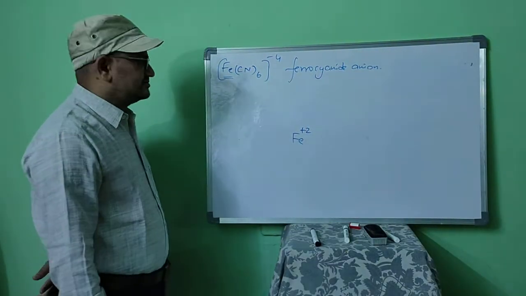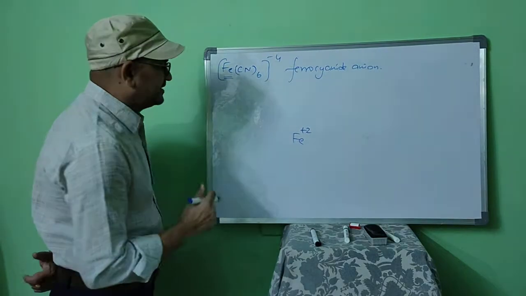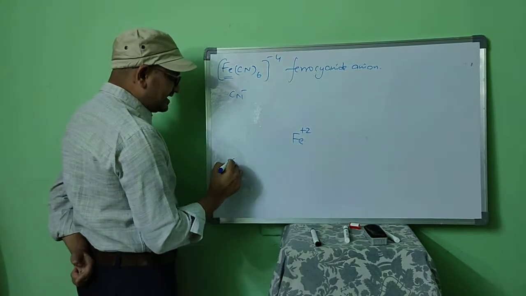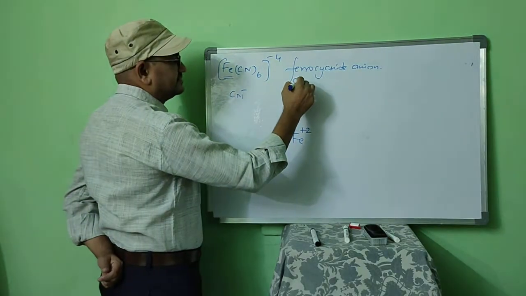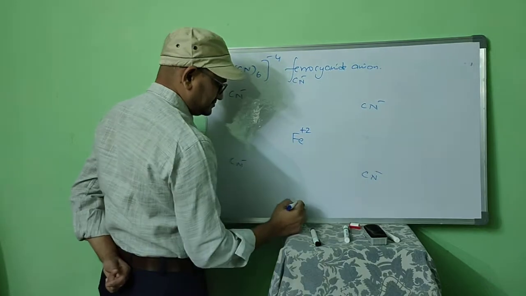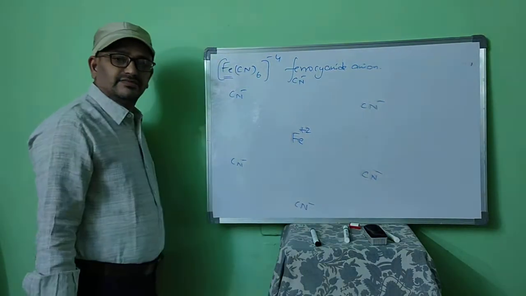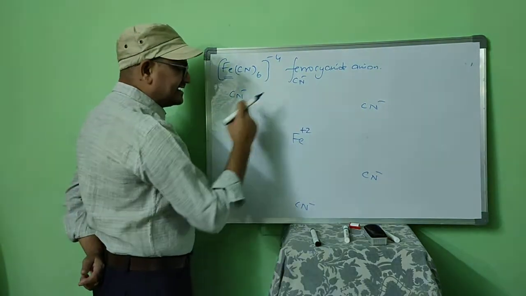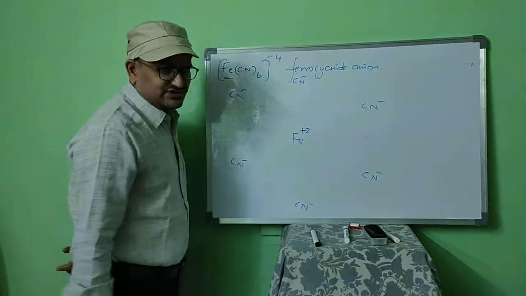We are going to learn all these cases, don't worry. Now this Fe+2 is surrounded by cyanide anions. How many cyanide anions are surrounding Fe+2? 6 cyanide anions are surrounding Fe+2.